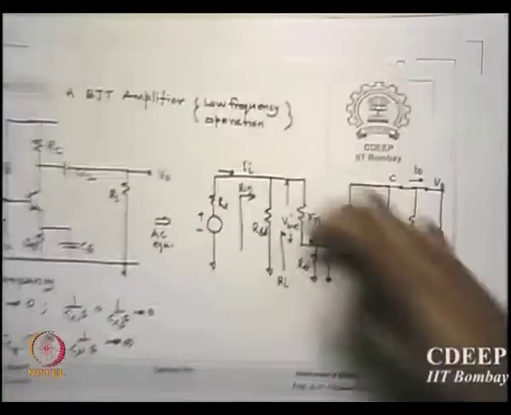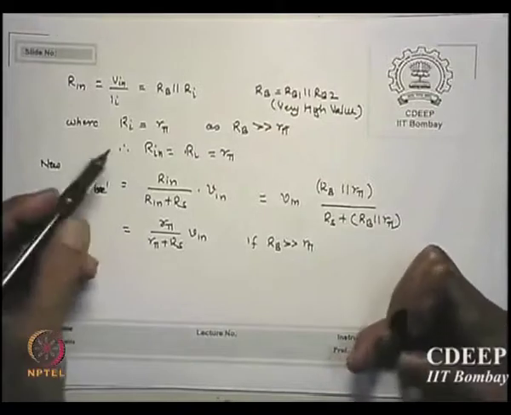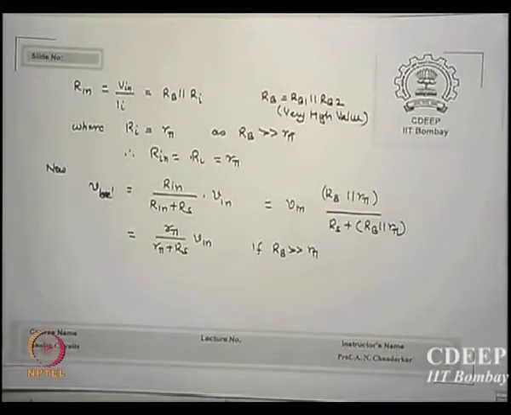But that will be parallel by RBB. So the actual resistance is RB parallel R pi, and if RB is larger, then what will be? RB parallel R pi. If RB is larger than R pi, then it's only R pi, is that correct? So actual value you may see in your calculation whether it is coming close to R pi, but in problem solving don't make any conclusions, just take the parallel and see what value you get, is that correct?